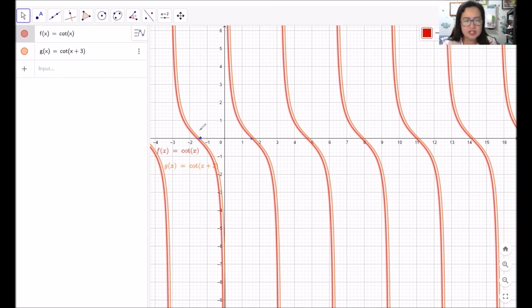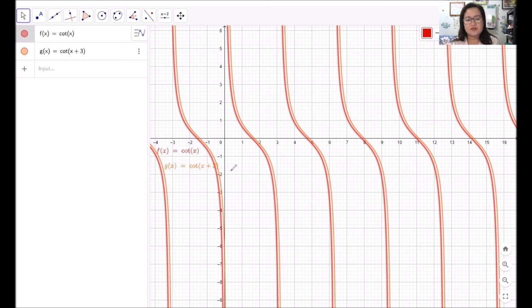This is negative 1.5. Here, 1.5. It's like a movement to the left 3 units. If you get the difference of 1.5 and negative 1.5, it will give us 3 units. So therefore, the change in the value of d tells us a horizontal shift. In this case, the graph of cotangent x is shifted to the left 3 units.